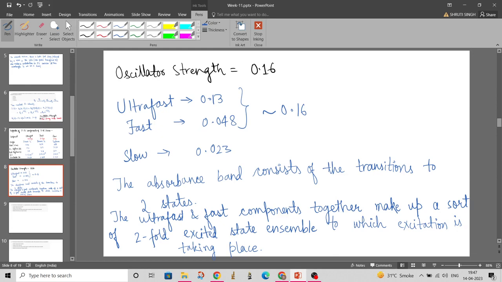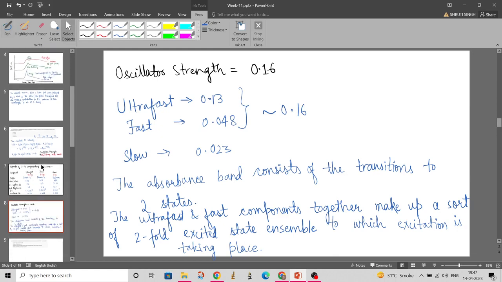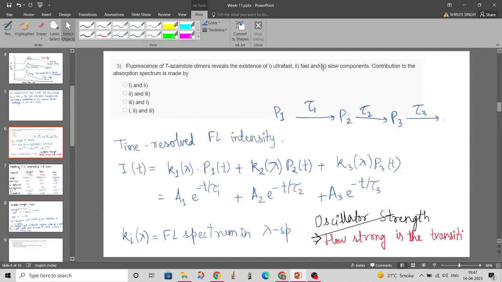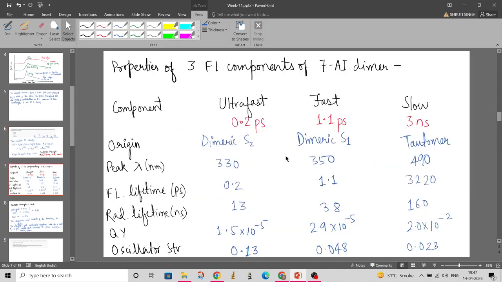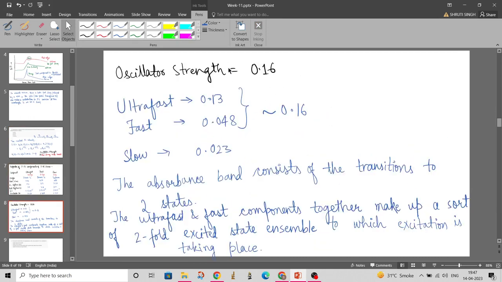So, to answer this question, the question was: contribution to the absorption spectra is made by which components? The answer is clear now, because the oscillator strength from the absorbance is 0.16, and from the fluorescence data, if we sum the ultrafast and fast component oscillator strengths, we get roughly 0.16.